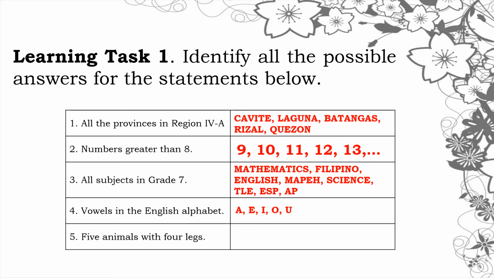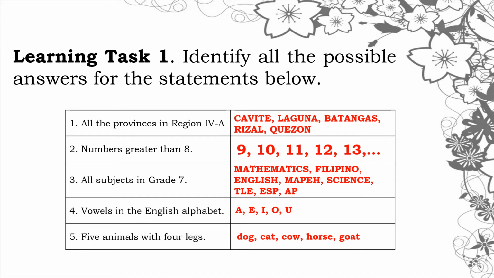I'm giving this answer: dog, cat, cow, horse, and goat. If your answer is different from this one, but that animal has 4 legs also, that is also correct.